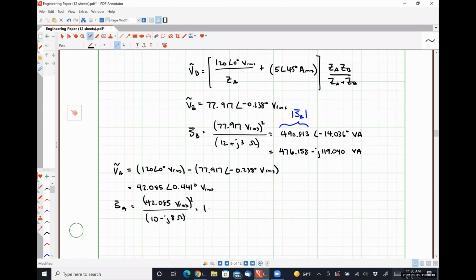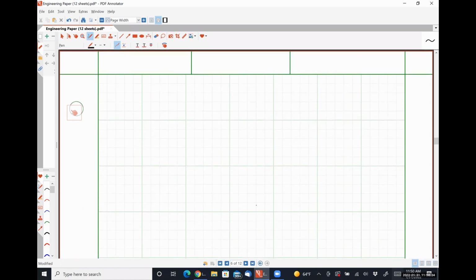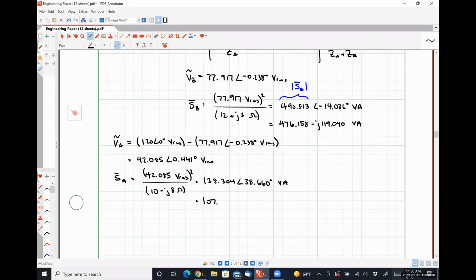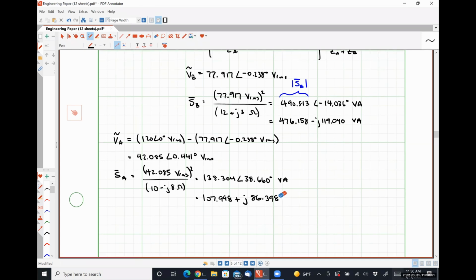Which I get to be 138.304 angle 38.660 degrees volt amperes, or 107.998 plus J86.398 volt amperes.